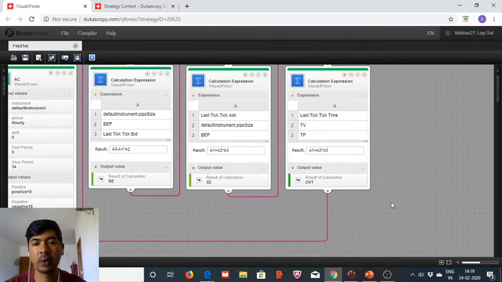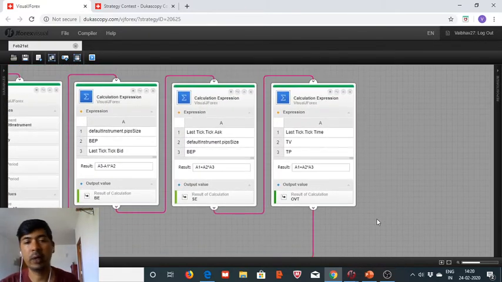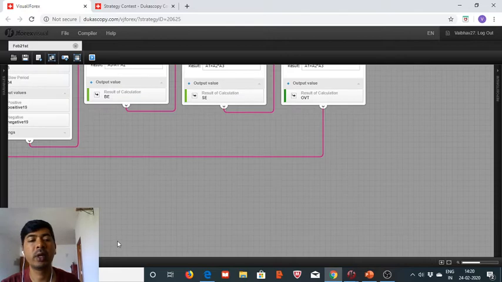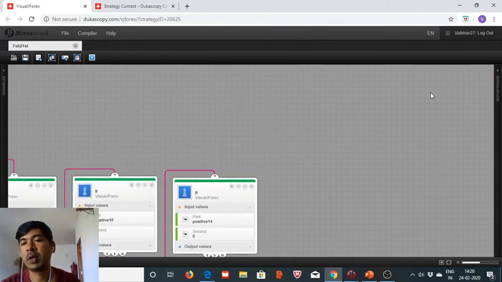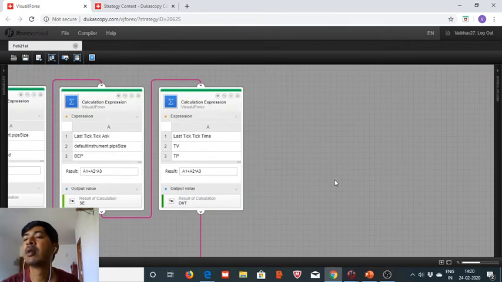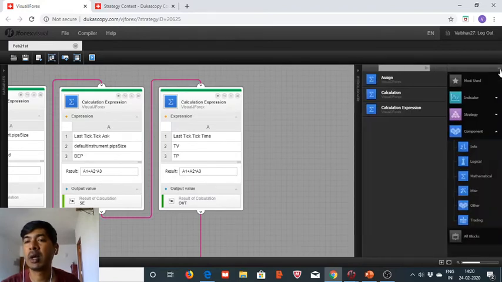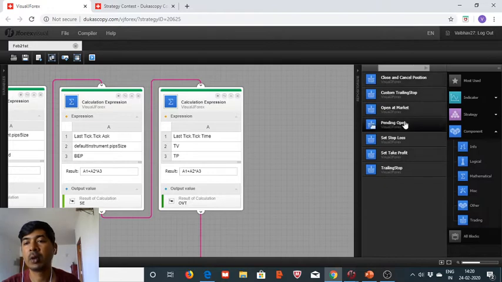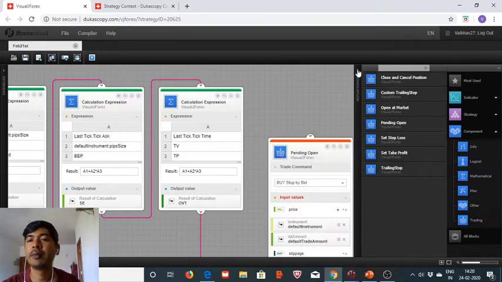Now, so far so good, we have done this, and we need to bring in the pending order, and for that we will go here and we will look for trading blocks, and the pending open is here.